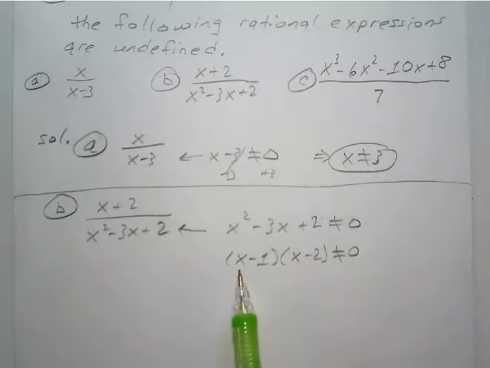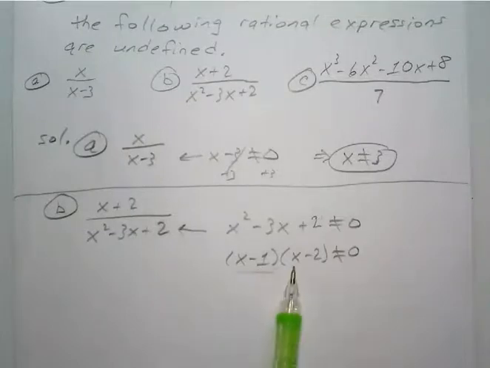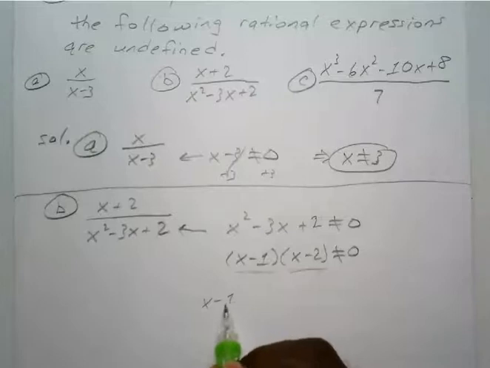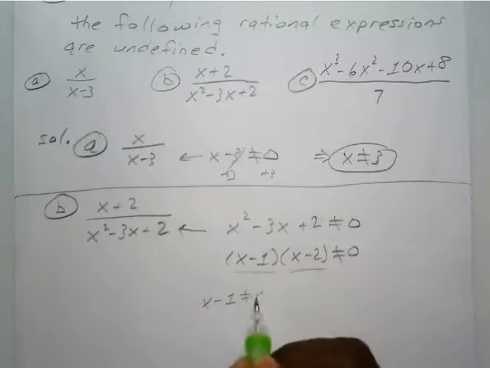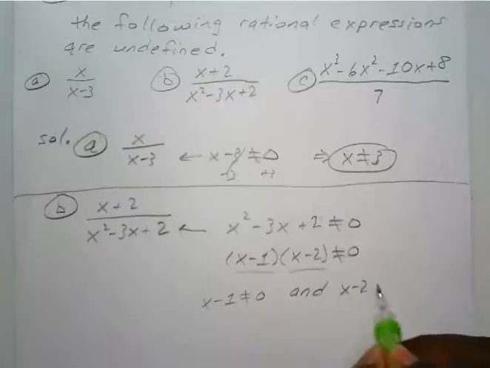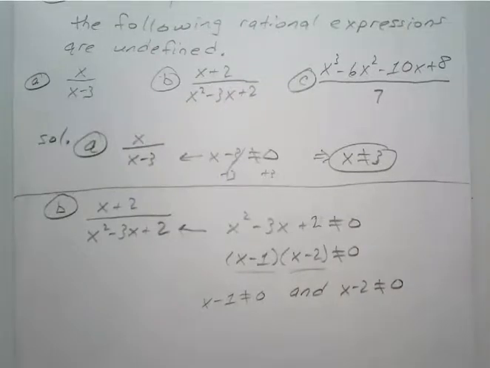So we have x minus 1 times x minus 2 cannot equal 0. That means we can't let either factor become 0, because if one becomes 0, 0 times anything will be 0, which we can't allow. So x minus 1 cannot equal 0, and x minus 2 cannot equal 0.